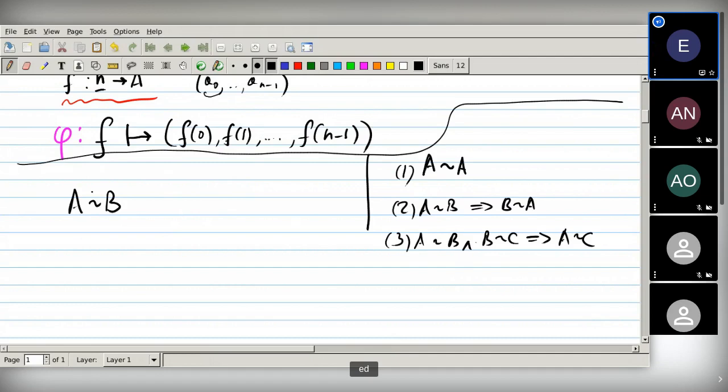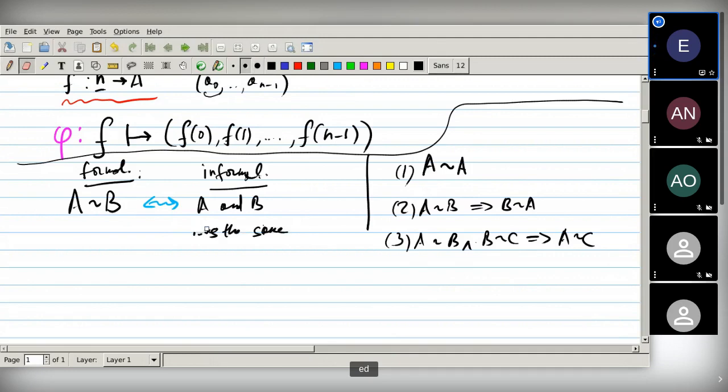And our formal notion of equivalence is up to this point in good accord with the informal notion of two sets of the same size. Informally, that means that A and B have the same number of elements. They are of the same size.